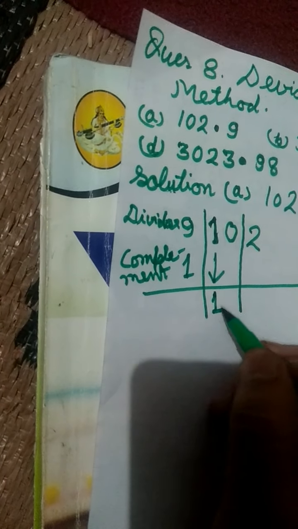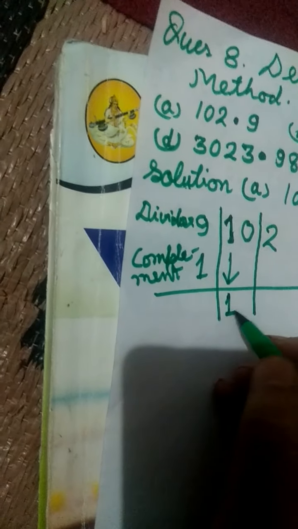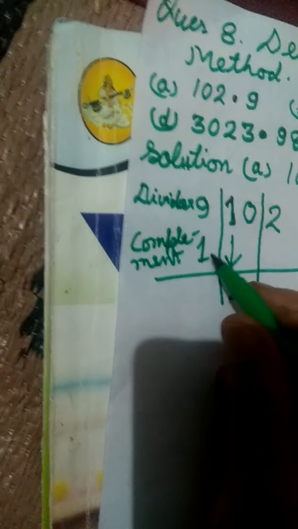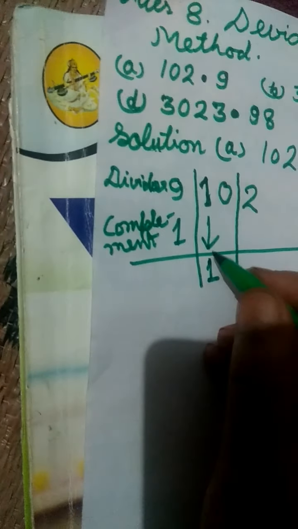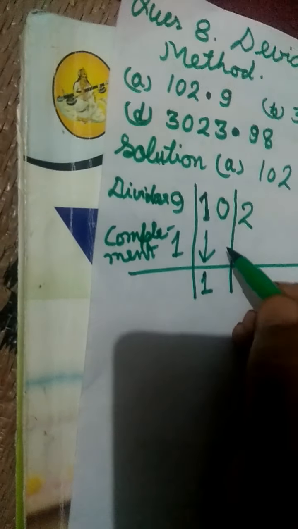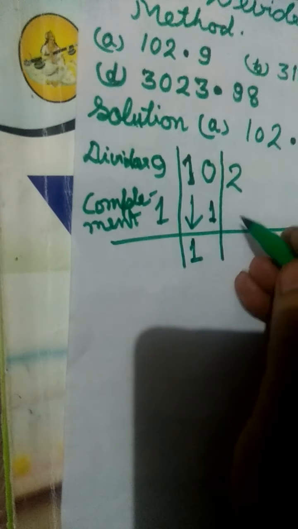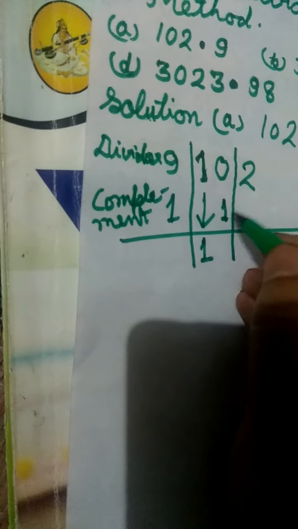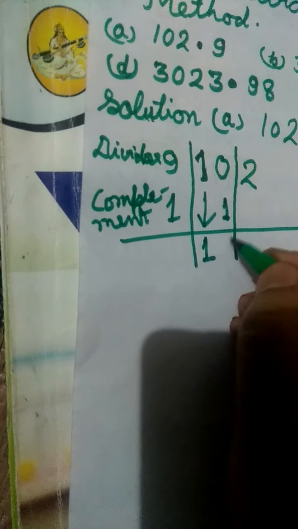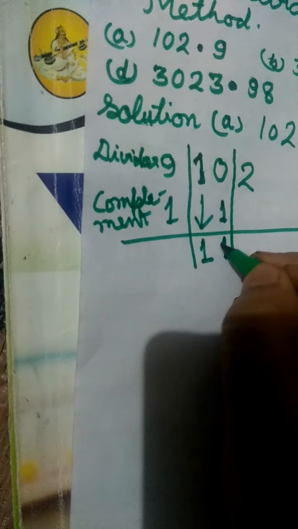Then you multiply this complement by this number: 1 times 1 is 1, and you write it under the next number. Then add 0 plus 1, and it becomes 1.